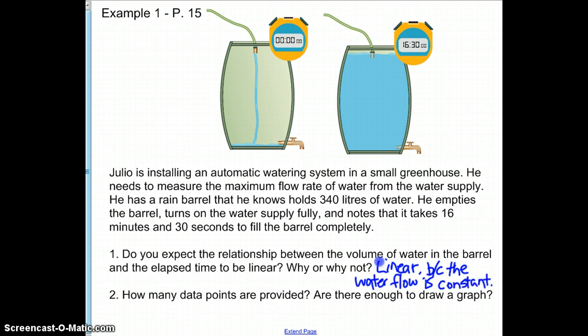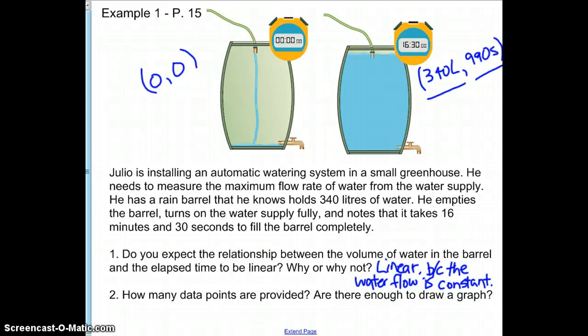Now, if you look to number 2, how many data points are provided? Is there enough to draw a graph? So what data points do we have here? So yes, we do have 2 different points. The first point that you can look at is the 340 liters and the 990 seconds.